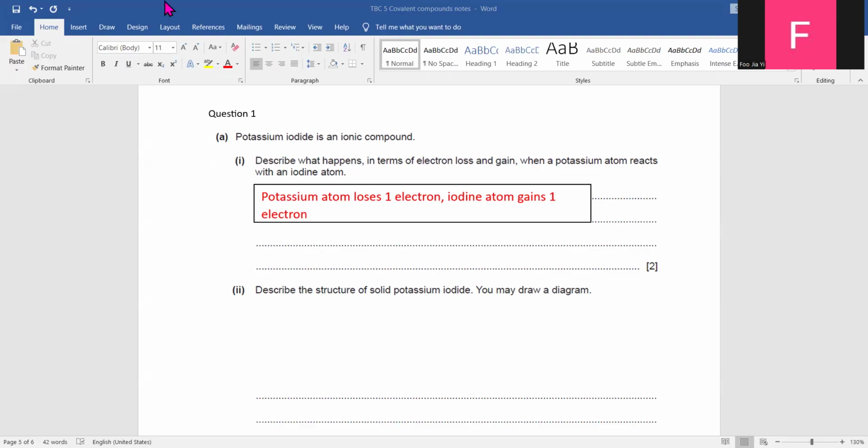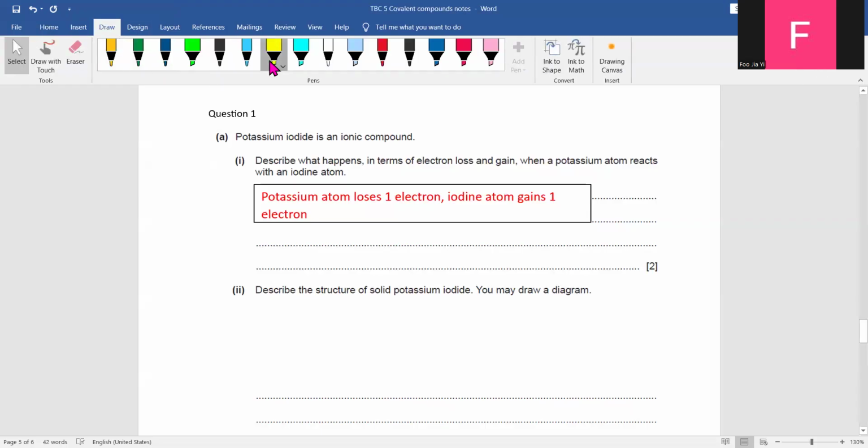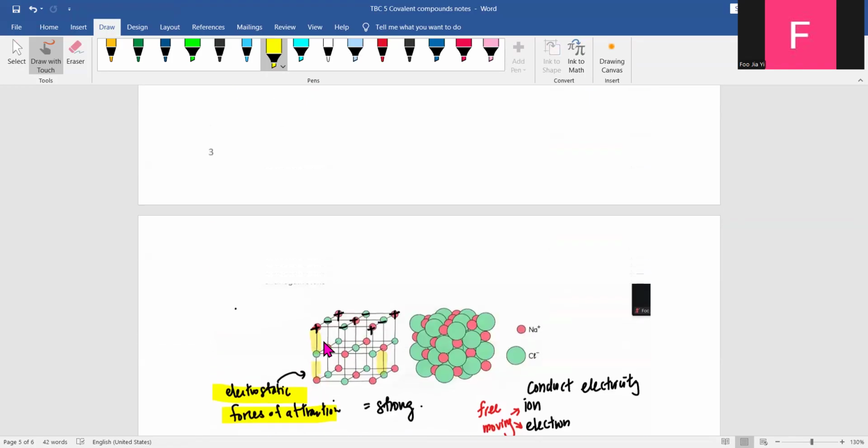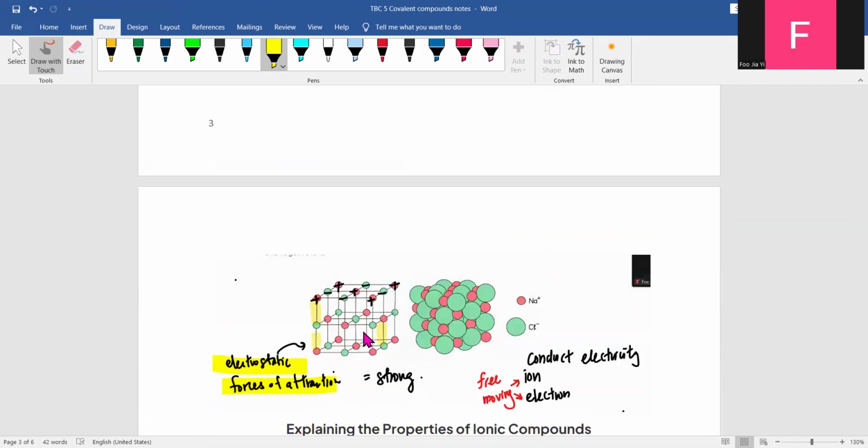Now, describe the structure of solid potassium iodide. I want you to highlight this word, solid. So how does solid potassium iodide look like? Basically, it looks like this. Am I expecting you to draw this over there?